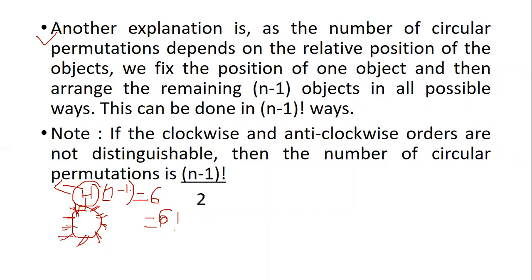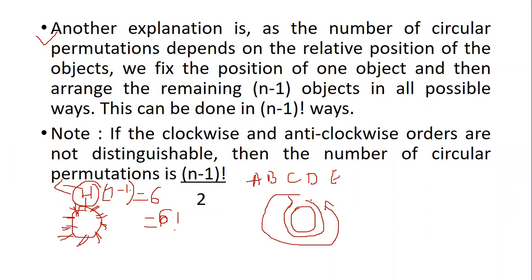Now, moving further, the last note: if the clockwise and anti-clockwise orders are not distinguishable, then the number of circular permutations is n minus 1 factorial by 2. Sometimes they will say there are 5 people A, B, C, D and E sitting at a circular dining table. Now I need not distinguish between clockwise and anti-clockwise.